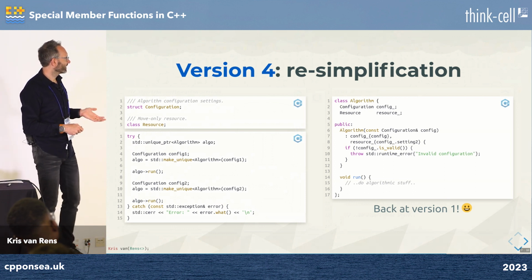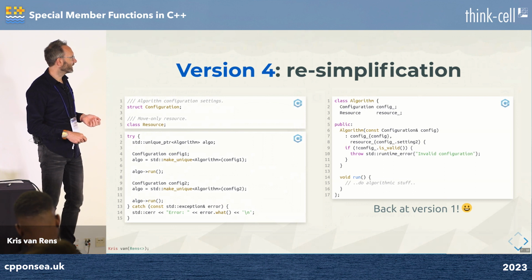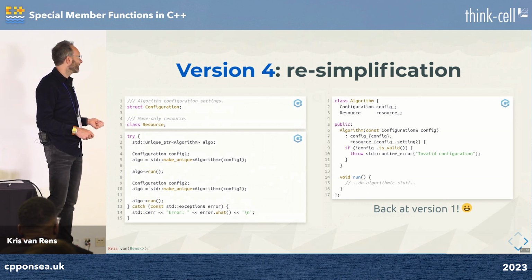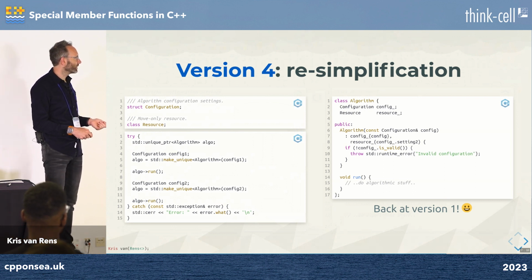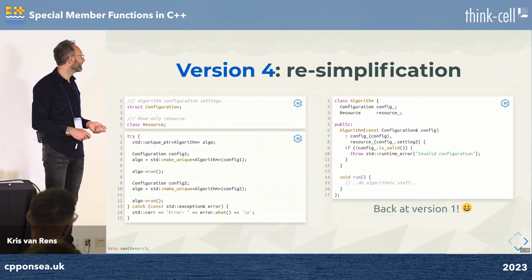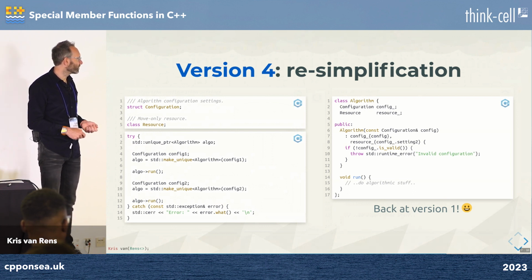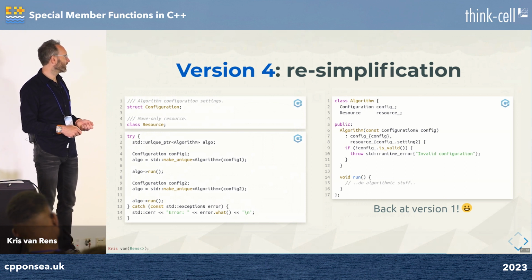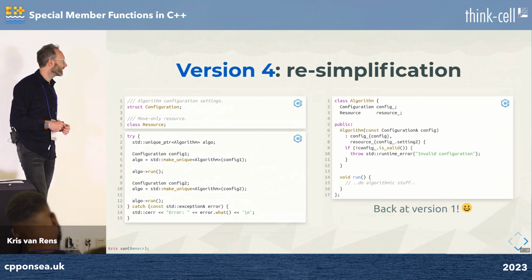But they don't think about whether they could even simplify everything, because now, again, we're unable to make an object that we can call run on when it's in an invalid state. So this is the best version, but we moved the problem of reallocation to another level.